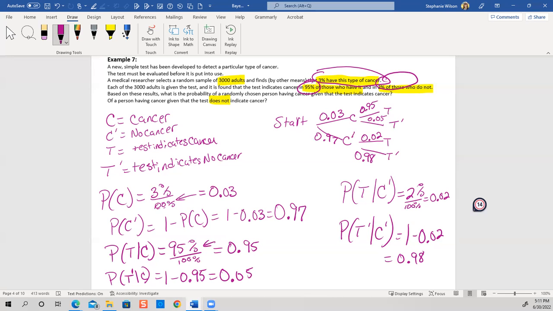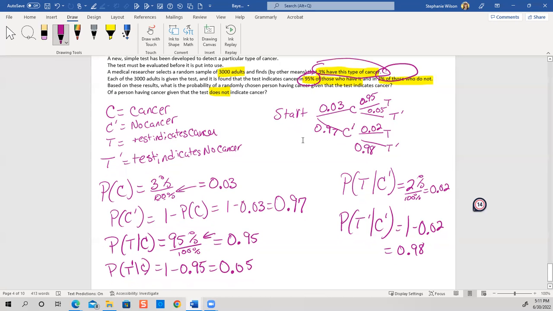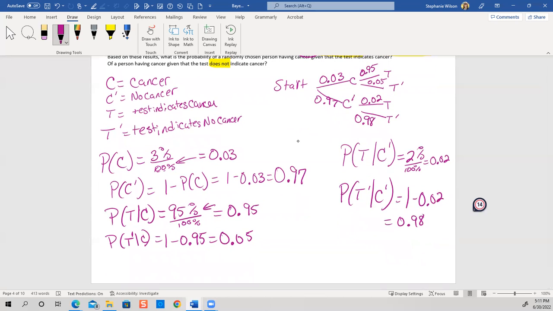So now let's solve for this. We're going to plug it into this formula. So we go back to the original formula that we've done.